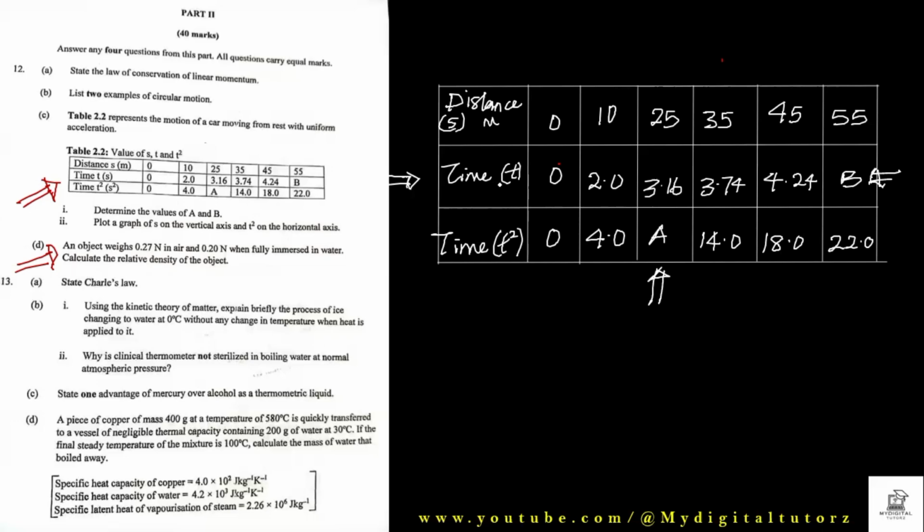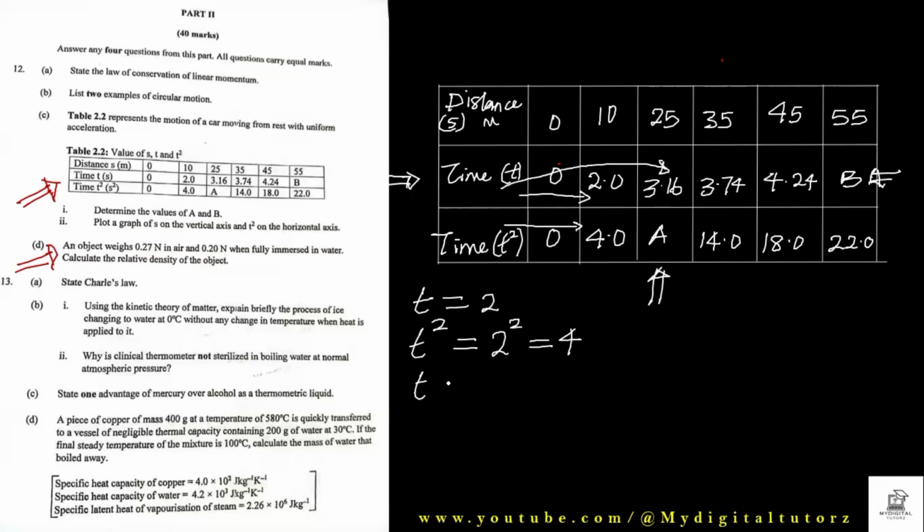When t is equal to 2, what is t squared? T squared is equal to 4. T squared simply means you square the value of t, which is 2. You square it, that will give you 4.